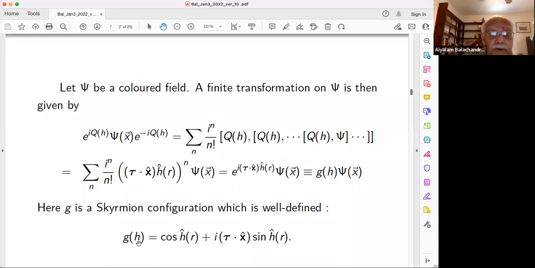So standard rotations, say orbital rotations, will only rotate x hat. It will not rotate tau, with the result that the standard Poincare group, with integral spin representations, will not leave this g invariant. So the standard Lorentz group cannot be implemented in the particular topological sector where this Q of h has Pontryagin number 1. One cannot implement it because the superselection operator changes.